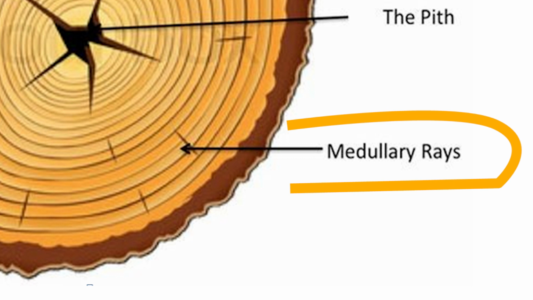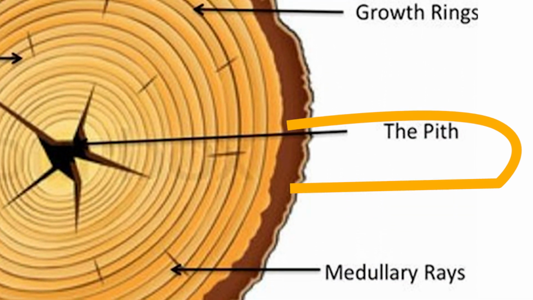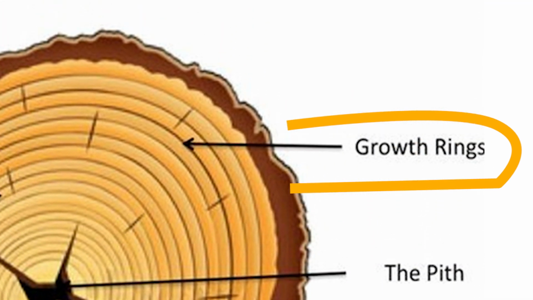Finally, every tree has its own age, and that's how we come about growth rings. Yes, growth rings can also be referred to as annual rings. Growth rings are also referred to as what? Annual rings. Very good. Now, the growth ring tells us how old a tree is.